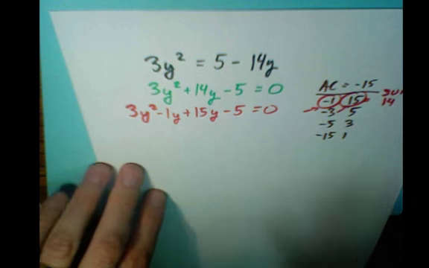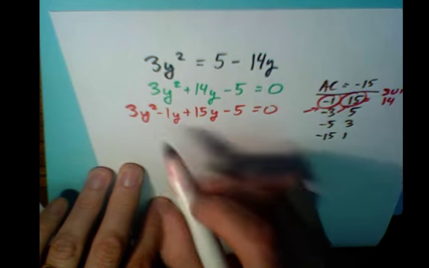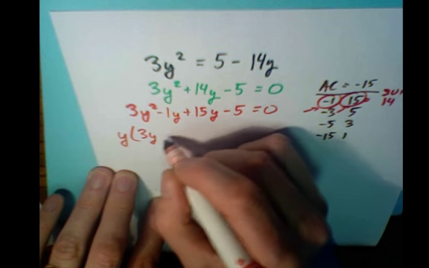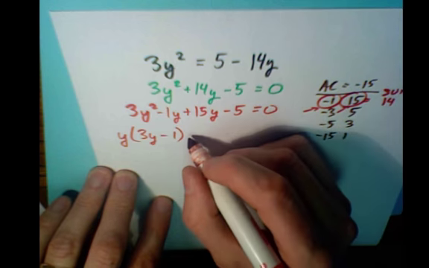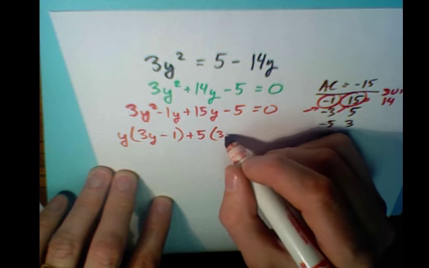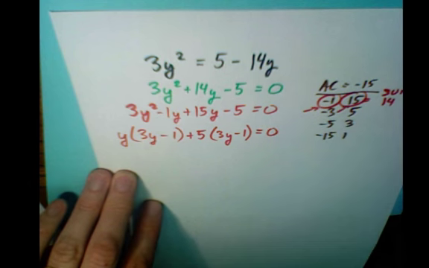Now we're going to use factor by grouping. The GCF of the first two terms is y. Y times the quantity 3y minus 1. Find the GCF of the second two terms, and that's positive 5. 5 times the quantity 3y minus 1. And this is equal to 0.